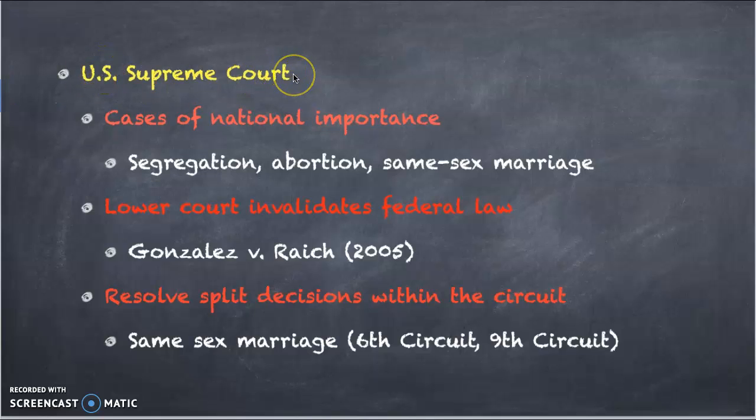Now, the Supreme Court, in terms of the type of cases that they might elect to hear, are cases of national importance: segregation, abortion, same-sex marriage, and cases in which a lower court invalidates federal law.